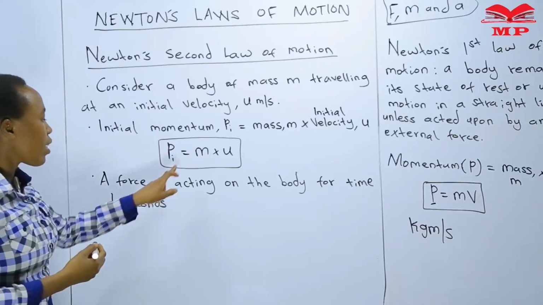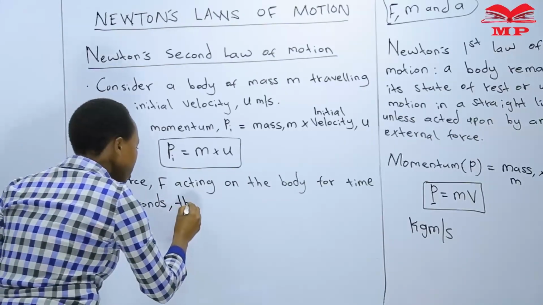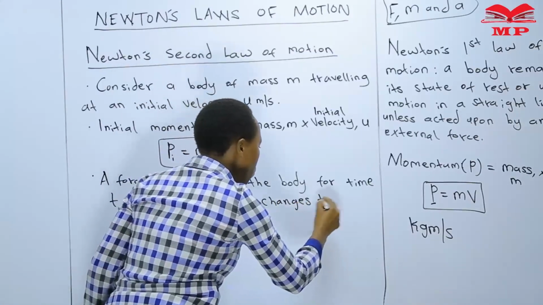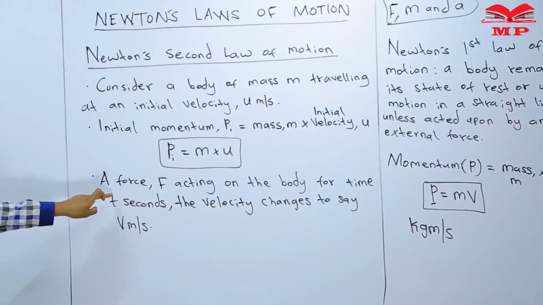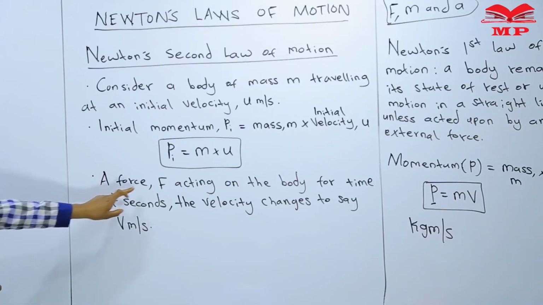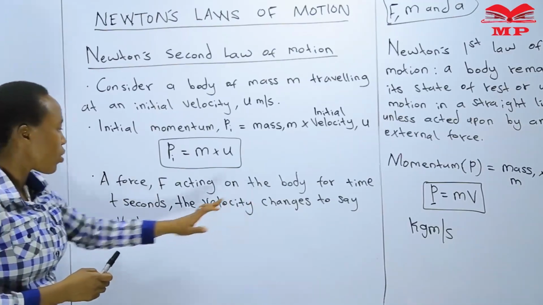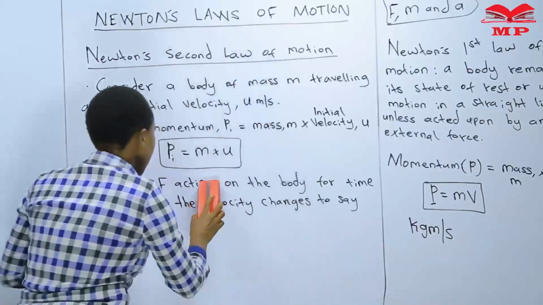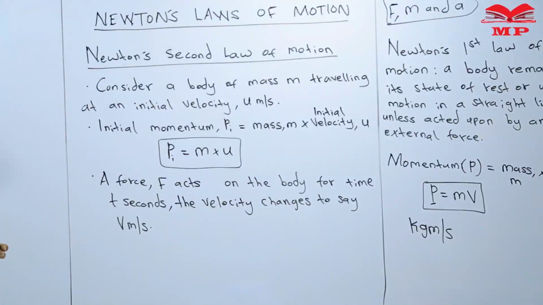If a force F acts on the body for a certain number of seconds, the velocity changes to, let's say, v meters per second.